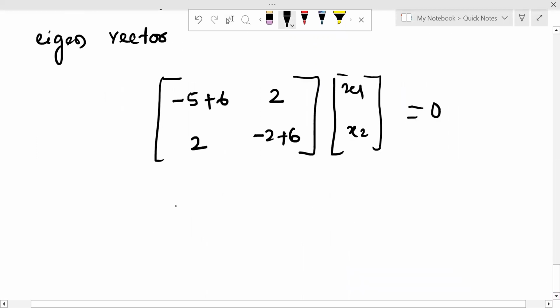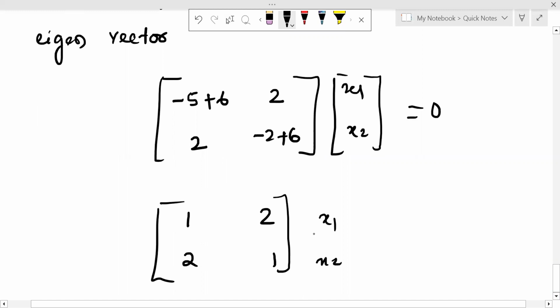That is 1, 2, 2, 1... into x1, x2 is equal to 0.